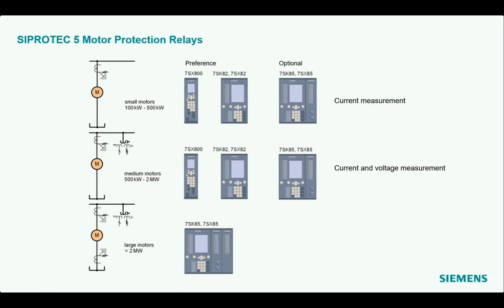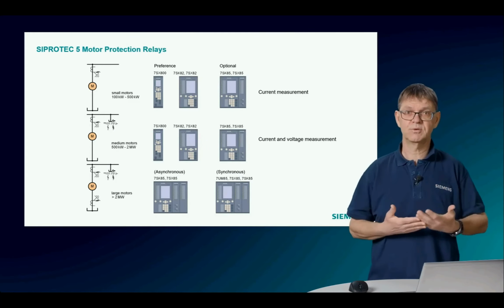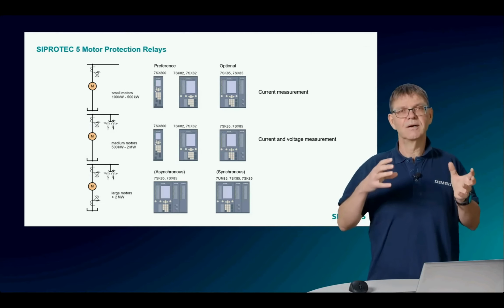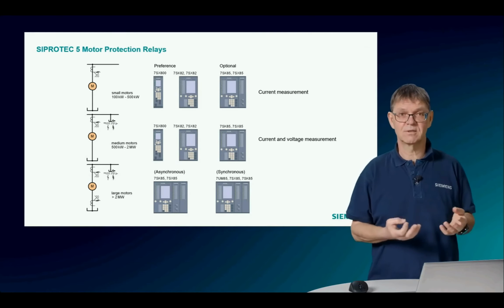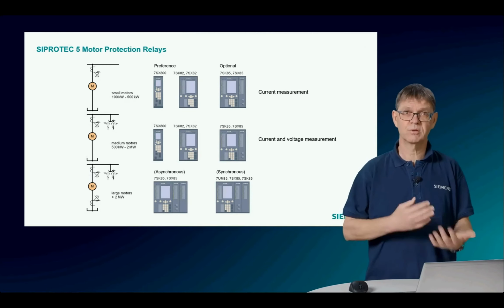And finally, the next higher class of protection would be to apply a differential protection. Here we have just the 7SK85, 7SX85, so the modular devices for the asynchronous motors and also for the synchronous motors. For the synchronous motors, we could also think about using a 7UM85. It is the universal generator protection device, and the synchronous motor is like a synchronous generator, so this would be also suitable.